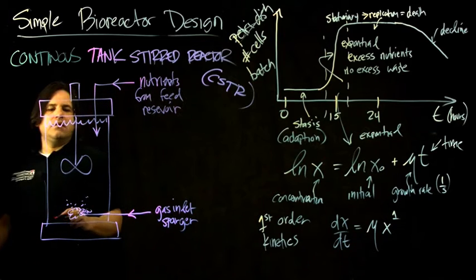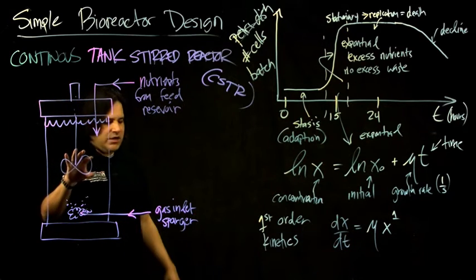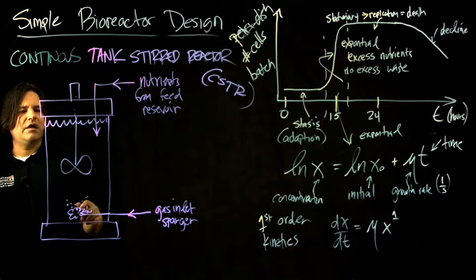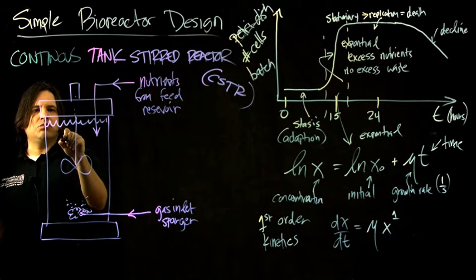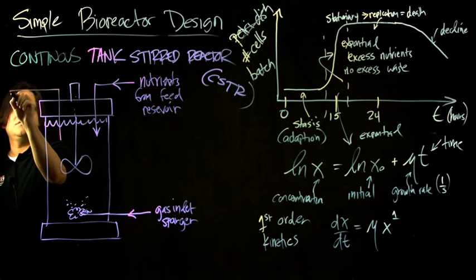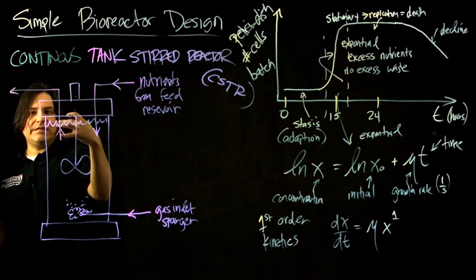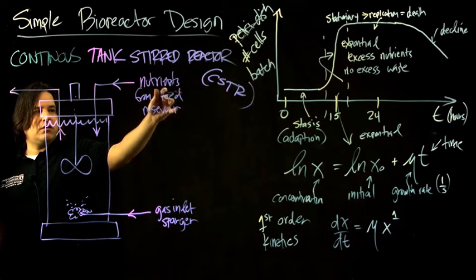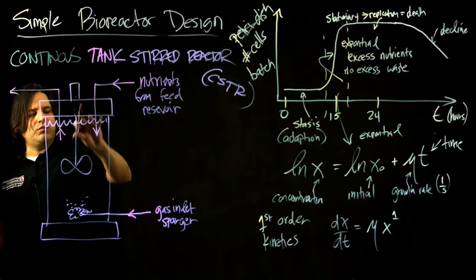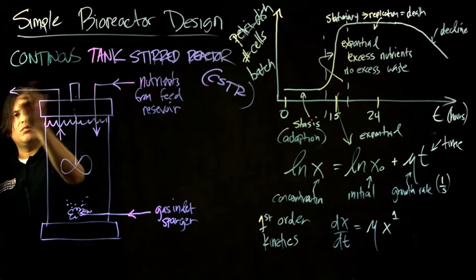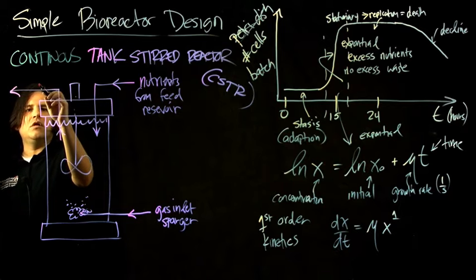Then, I'm simplifying it here, but at some point, somewhere in this design, you're going to have a mechanism to pull out the products. So it's continuous. In a steady state in the best designs, the volume and the nutrients you pump in is balanced to keep it operating such that you're always going to pull out a steady amount of products.